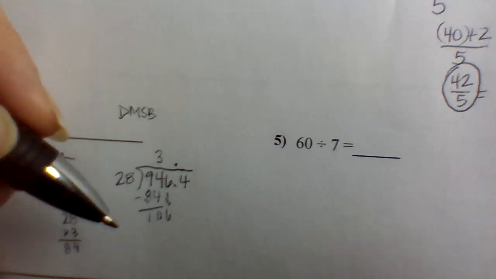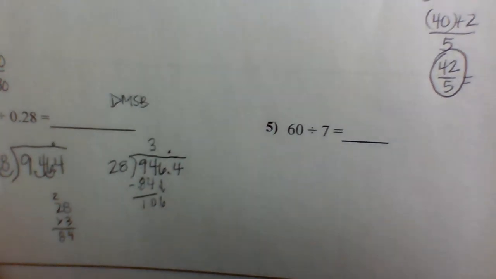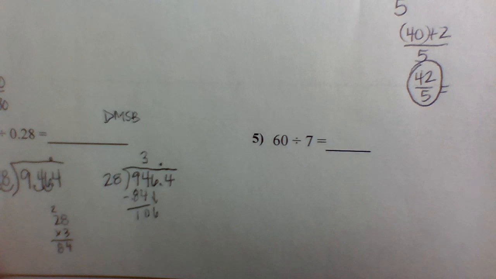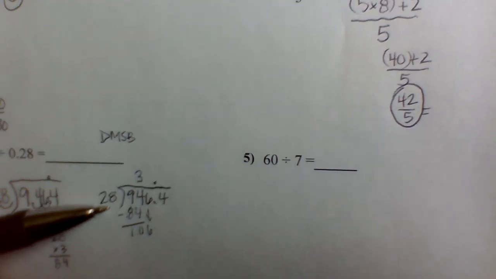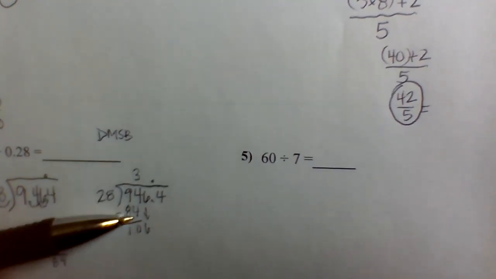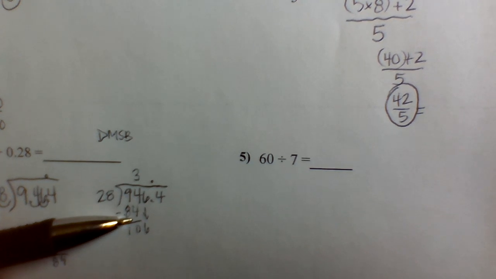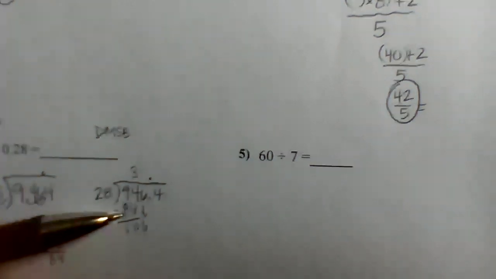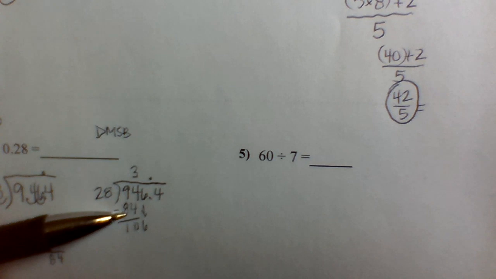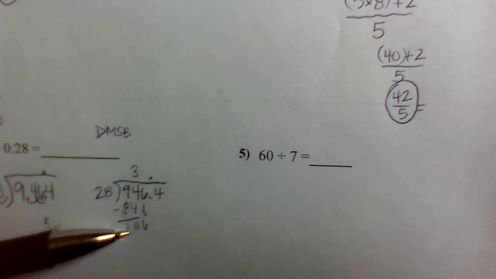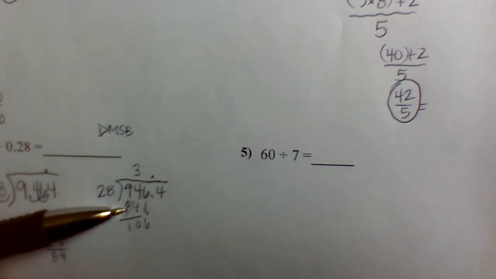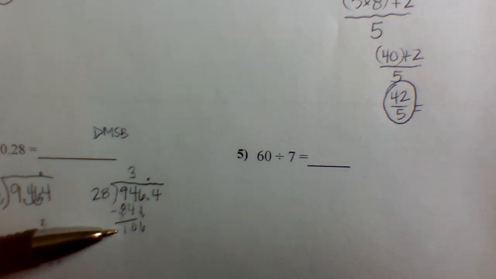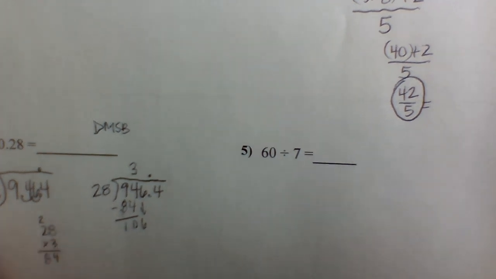Okay, so this is where it gets a little bit tricky because I know that 3 groups of 28 give me 84. Well, let's think about this. 84, let's round it down to about 80. And 80, and we round this to 100, the difference is only about 20. So I have to be very careful when I think about if I can make another group.